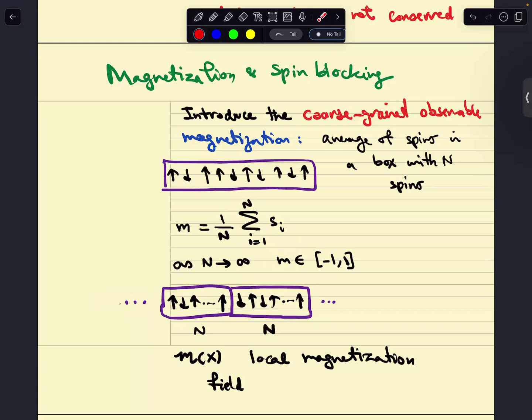It depends on space. And from the picture I was drawing before, we're interested in long wavelength perturbations, so this field varies slowly over this one-dimensional line. What we naturally get is a field theory. So this m(x), where x is the smallest thing you could resolve at this point, becomes a local magnetization field.